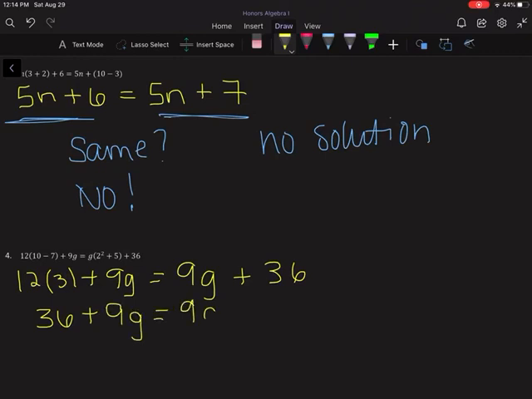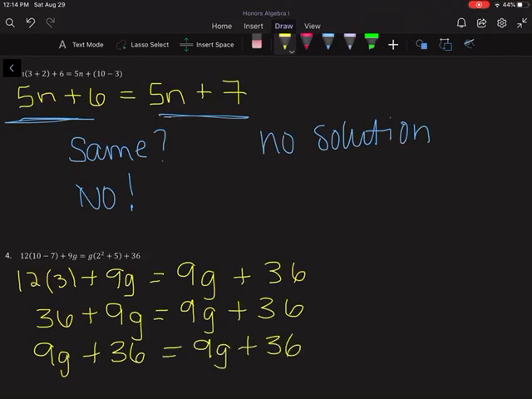I was thinking ahead. 9g is equal to 9g plus 36. Okay? Are they identical? If we use the commutative property, we can switch these around. Oh, they are identical. That's why we call it an identity. Because these are identical. Okay? And identity also means infinite solutions.